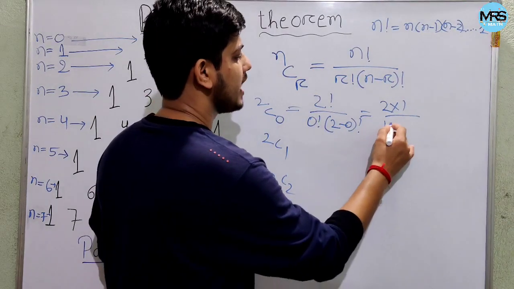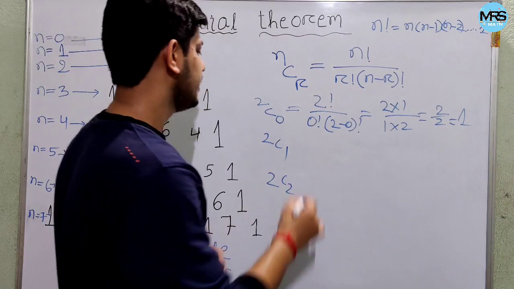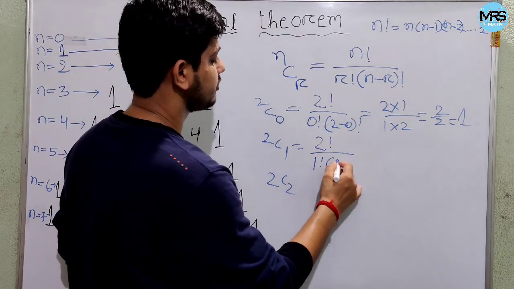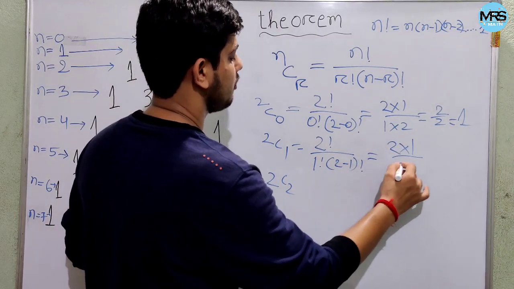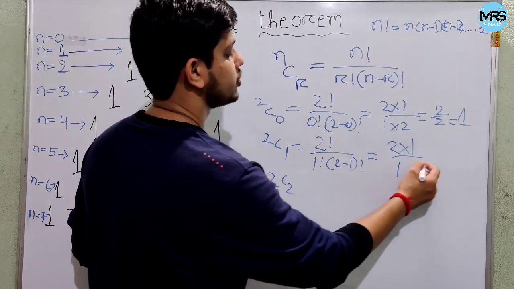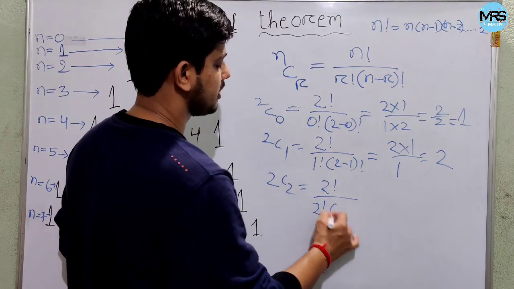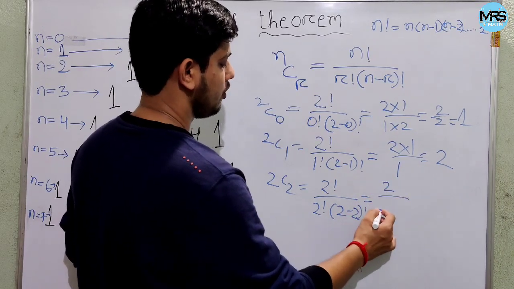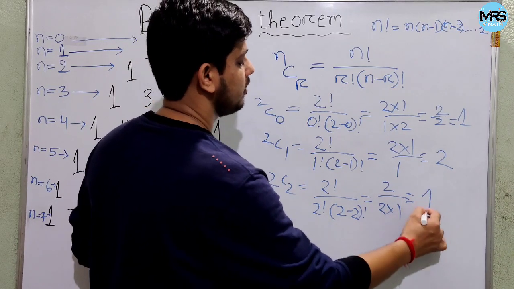So 2 over 2 is 1. Similarly, 2C1 is 2 factorial over 1 factorial into (2 minus 1) factorial, that is 2 into 1 over 1, so you get 2. Similarly, 2C2 is 2 factorial over 2 factorial into (2 minus 2) factorial, that is 2 over 2, so you get 1.